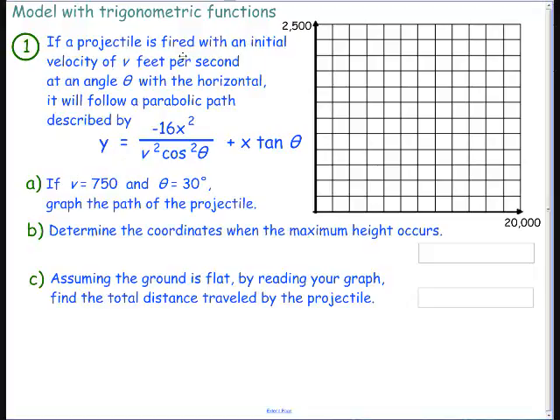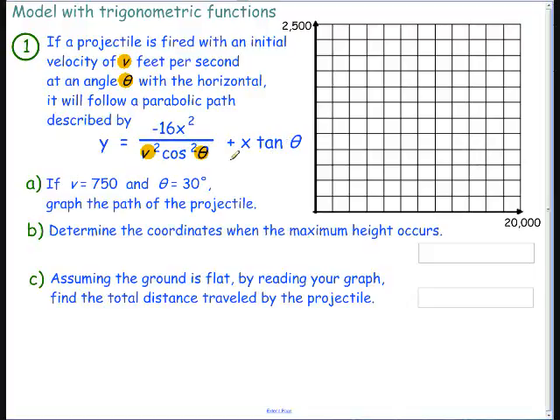If a projectile is fired with an initial velocity of, I'm going to mark this with v feet per second at an angle of that, it will follow a parabolic path described by v squared and the cosine of the angle squared.